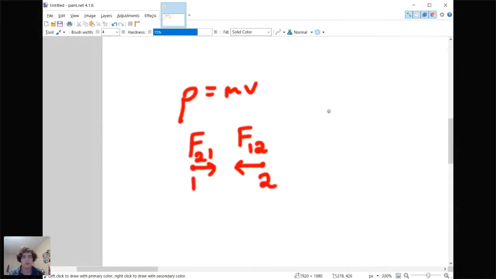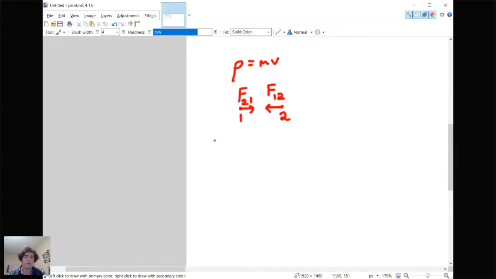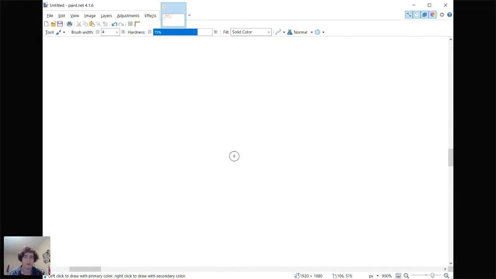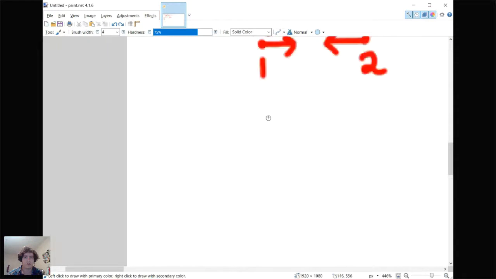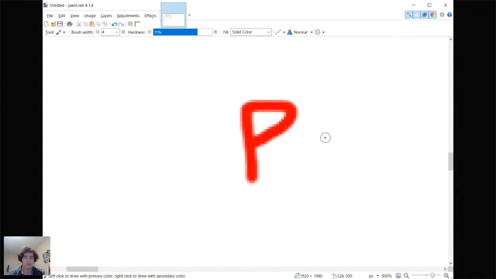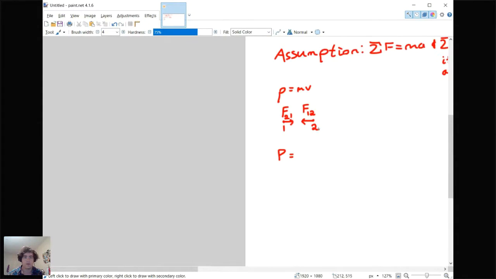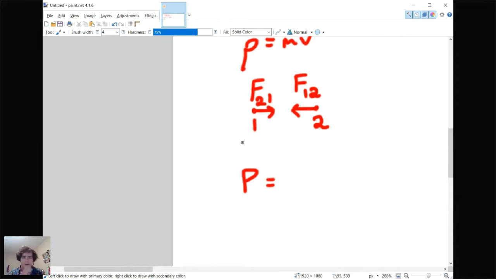So we're going to talk about the total momentum of the system. We're going to define that first. So the total momentum of the system, I'm going to denote that as capital P. That will be equal to the sum of the momentums in the system. And there's a distinction to make here. When we're talking about momentum being a vector quantity, when we're talking about magnitudes, we would subtract the two magnitudes, right? Because the two objects are going to be moving opposite directions.